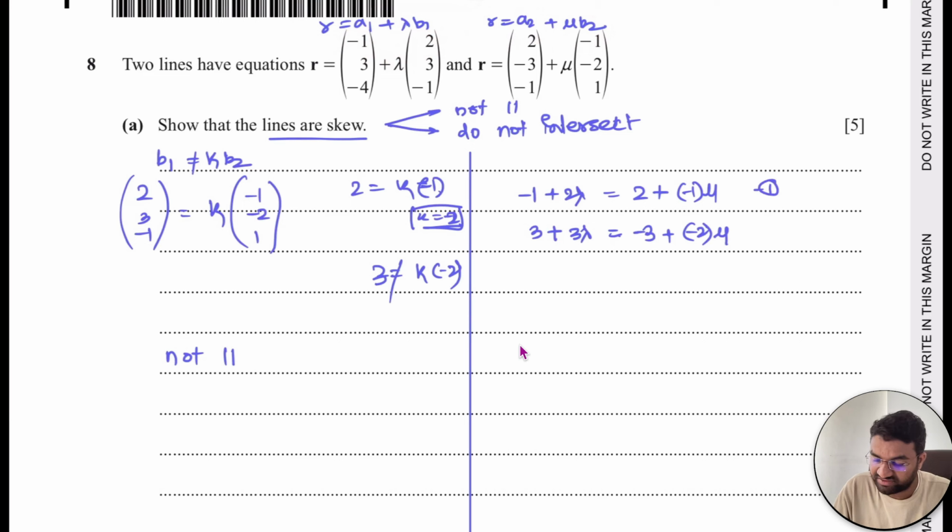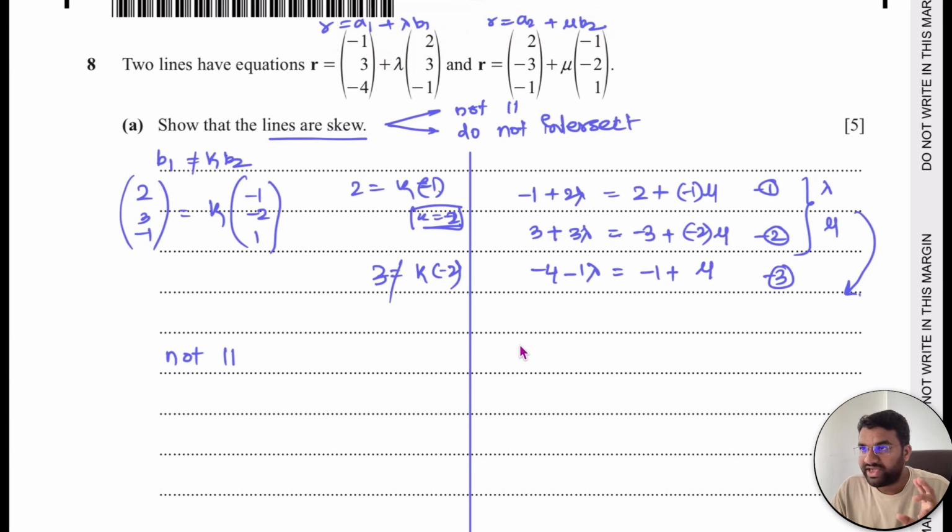From the first two, you figure out λ and μ and substitute in the third equation, which is -4 - λ equals -1 + μ. This is the third equation.